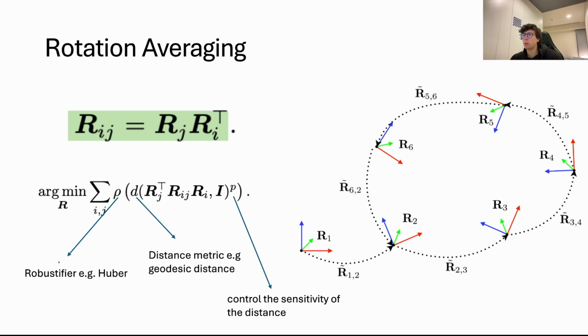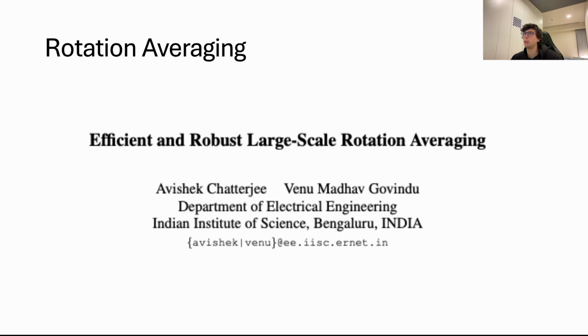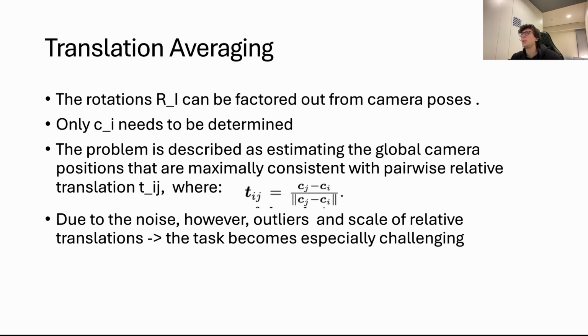And of course, we can also use a robustifier, for example Huber, to make everything more robust, in the sense that the iterative algorithm will converge to the correct local minima, let's say. And so this is rotation averaging. In the paper, they say that they are going to use this specific method, but we are going to see it later on.